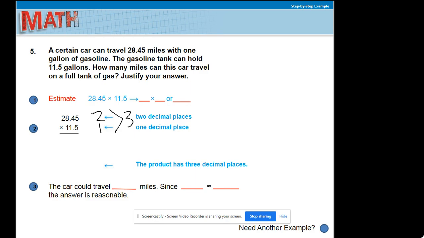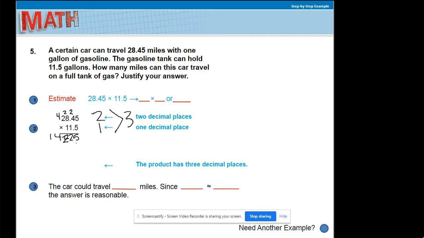So to start off, we need to multiply. 5 times 5 is 25, carry the 2. 5 times 4 is 20, plus 2 is 22, carry the 2. 5 times 8 is 40, plus 2 is 42. Carry the 5 times 2 is 10, plus 4 is 14.